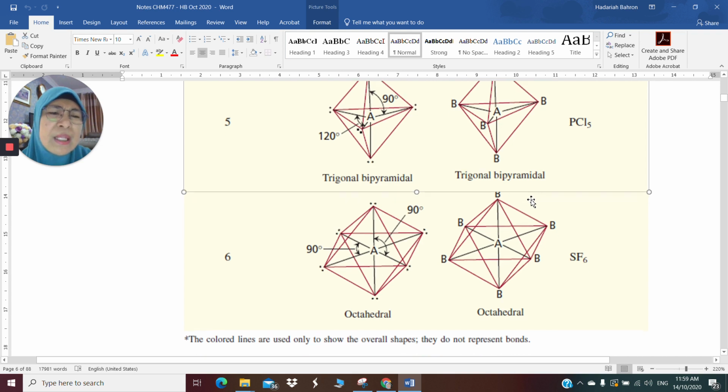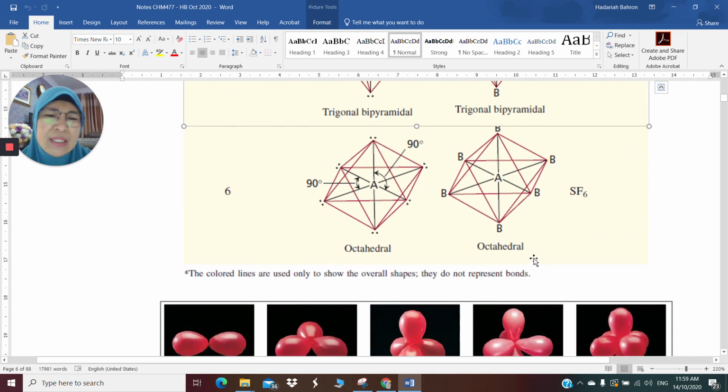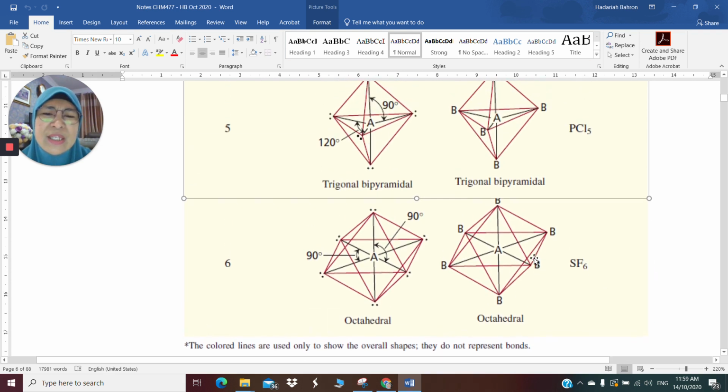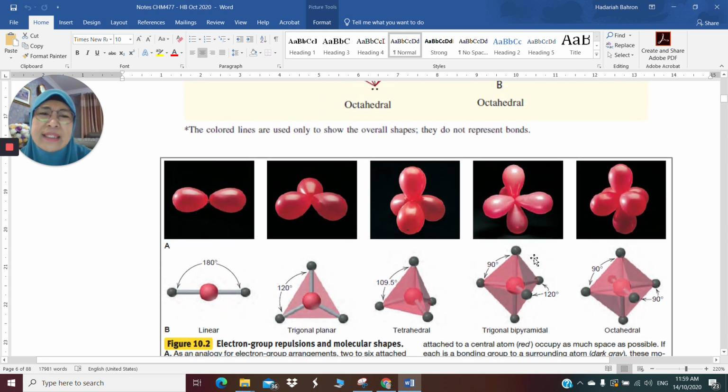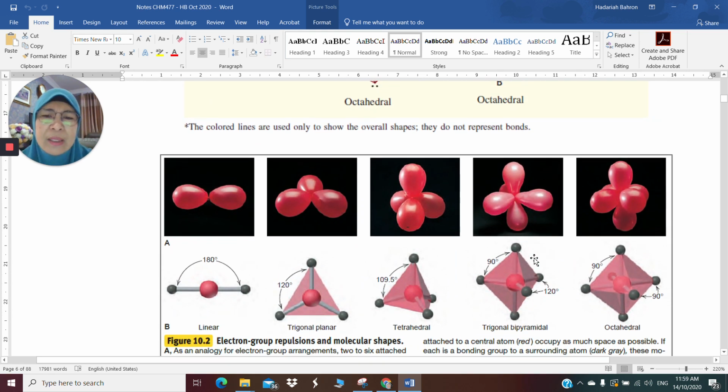That is the basis of VSEPR, assuming that all your electron pairs are bonding pairs. That is the picture of what a linear molecule looks like. That is the central atom, which at the top they call A, and this is another atom, two different atoms.